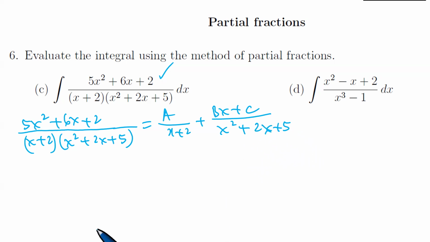Okay, because the x squared plus 2x plus 5 can be written like this, but also this one here is irreducible.